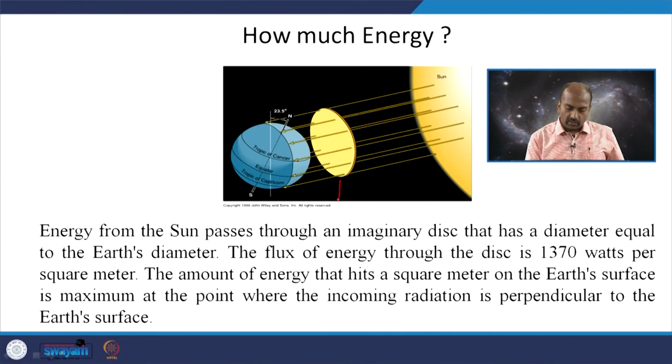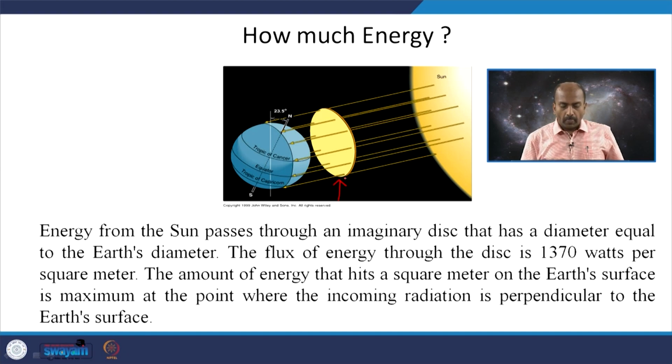Now, when we talk about the energy, it is better to have a number. Let us say, how much amount of energy does the Earth receive from the Sun? For arriving at this number, we need to have an approximation. Let us say, the approximation is that we have an imaginary disk of diameter equivalent to the diameter of the Earth, which is kept at a distance of 1 astronomical unit.